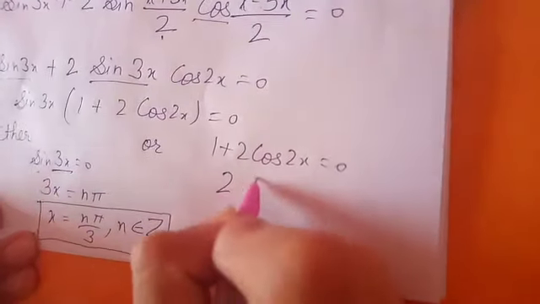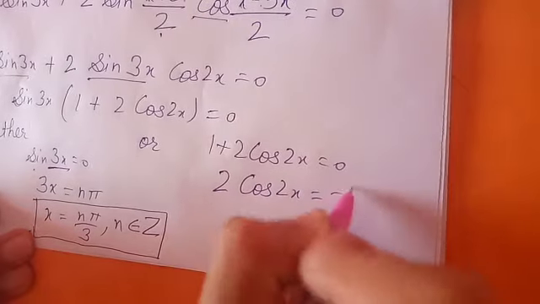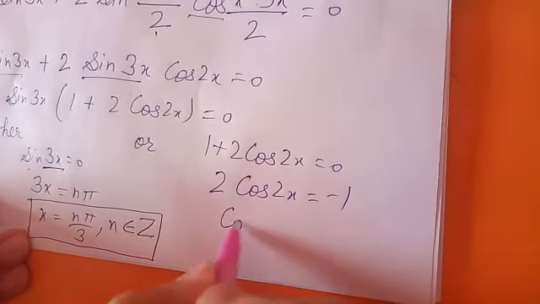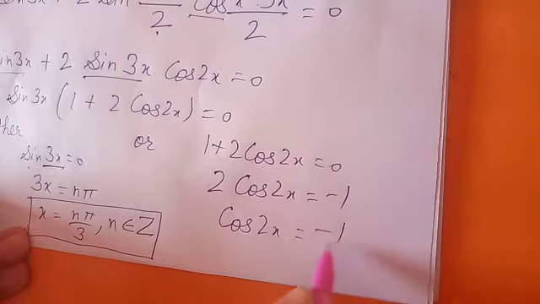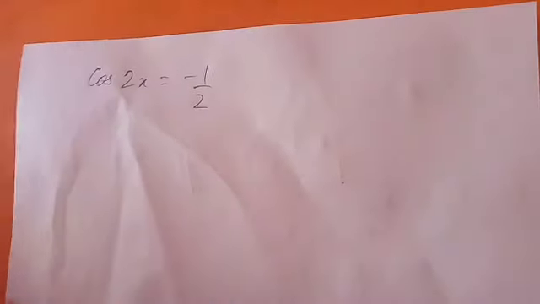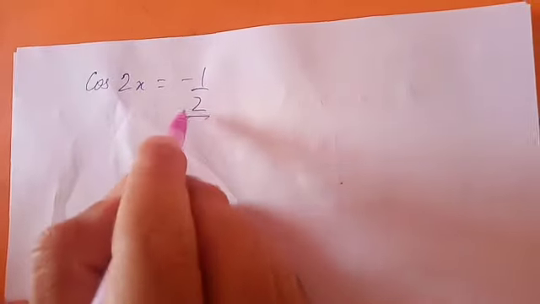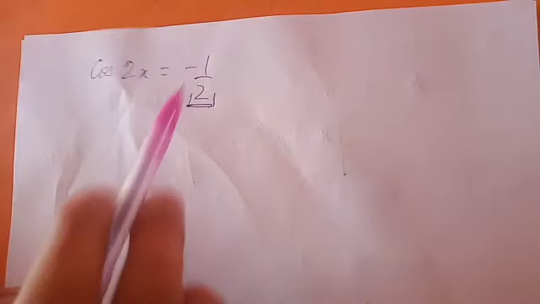Now the other one we get from 1 plus 2 cos 2x. This can be written as 2 cos 2x equal to minus 1, and cos 2x is equal to minus 1 by 2. First of all, we will see where we get 1 by 2 as a value of cos for any angle.